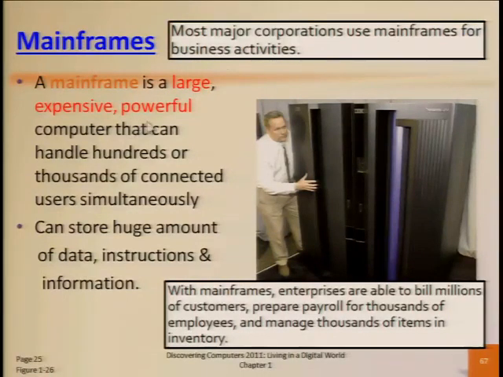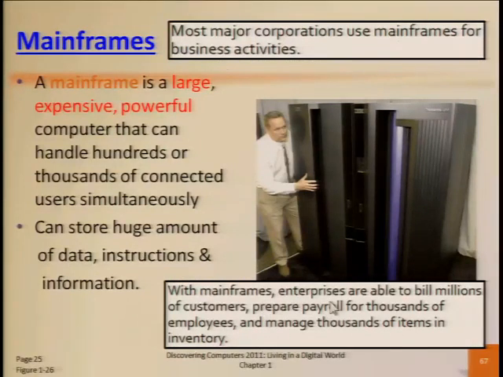It says this is a large, expensive, and powerful computer that can handle hundreds or thousands of connected users, right? Many corporates normally have many employees, and they're supposed to achieve certain things together, so they need to have the big mainframe to connect them up. And they can store a huge amount of data and information.